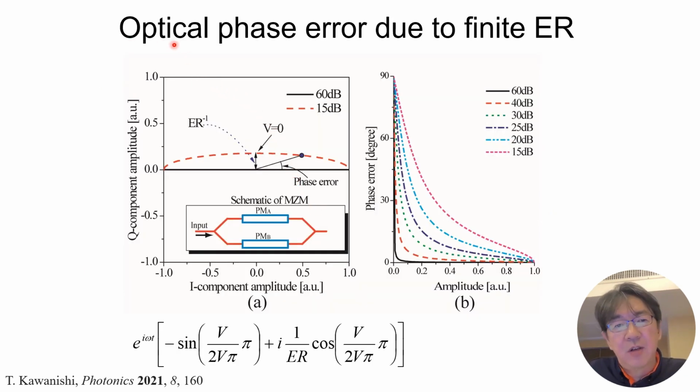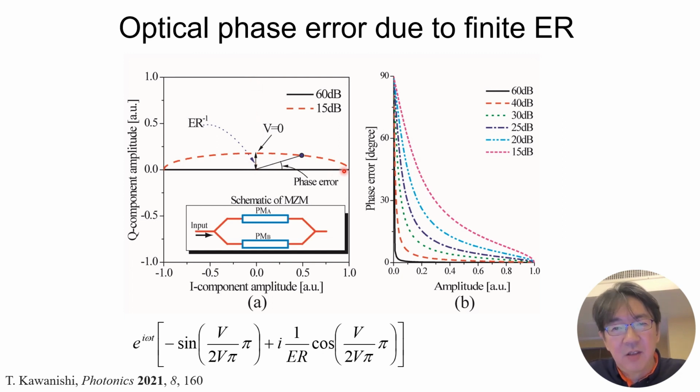Okay, here I'd like to talk about the optical phase error due to the finite extinction ratio. If the extinction ratio is almost infinity, in that case 60 dB, the optical output would be on the real part, +1 to -1, no phase difference. This graph shows the optical output on the complex plane. So this direction corresponds to the 90 degrees phase difference component, the imaginary component.